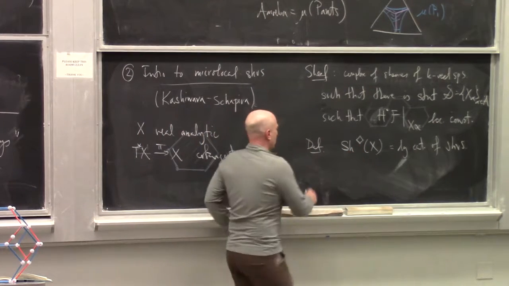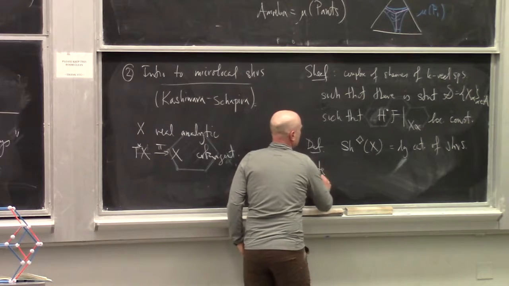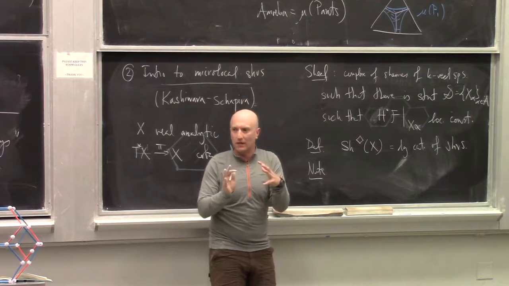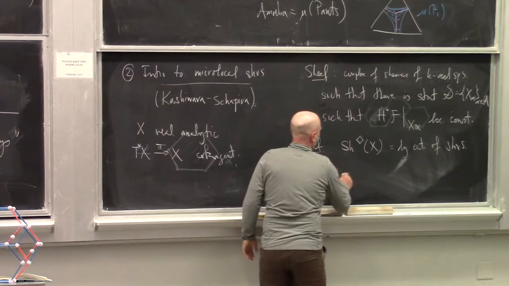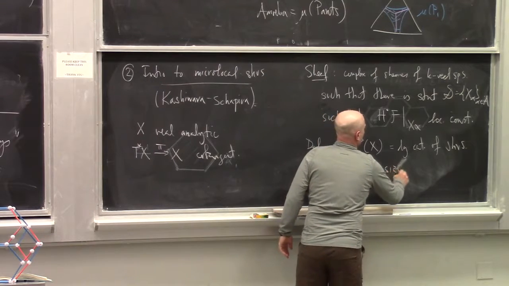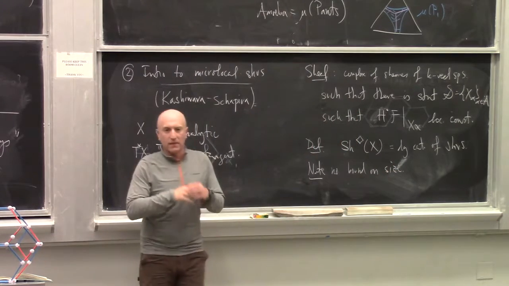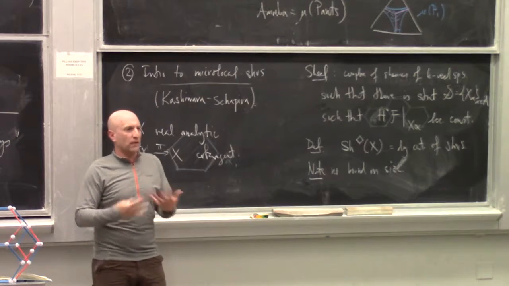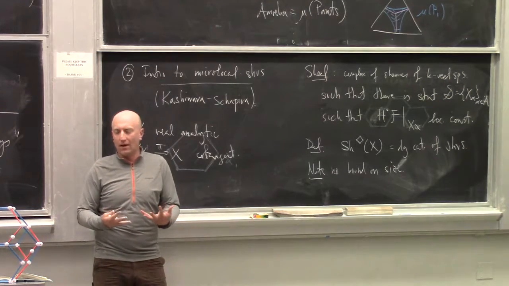So why the diamond? The reason the diamond is here is because I haven't put any control on the size of the complexes. So no bound on the size. I'm allowing myself to have giant complexes, but they're still objects that are somehow manageable. They're not objects of analysis.